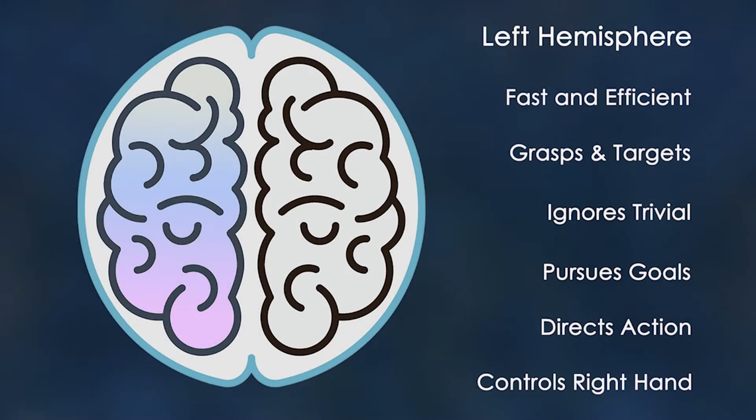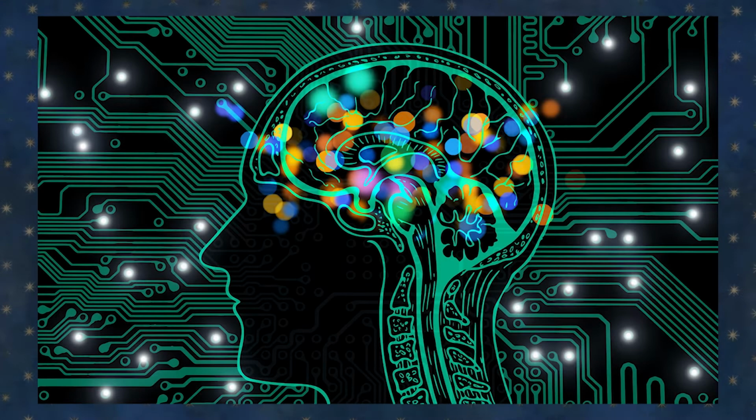The left side of the brain thrives on being fast and efficient, working toward goals, grasping the main point, and it ignores trivialities. Modern society is over-focused on the way of the left brain, comparing humans with computers. Actually, the computer model only describes aspects of the left brain while dismissing all the right brain capabilities.